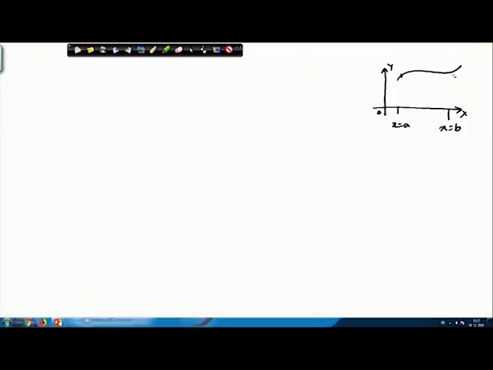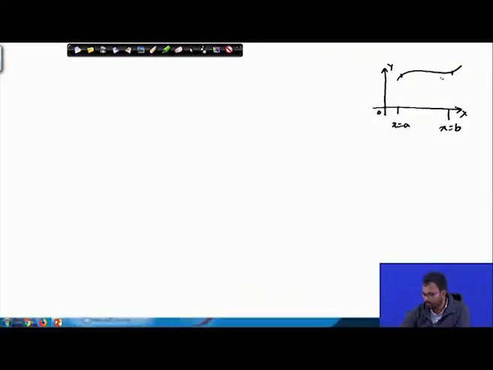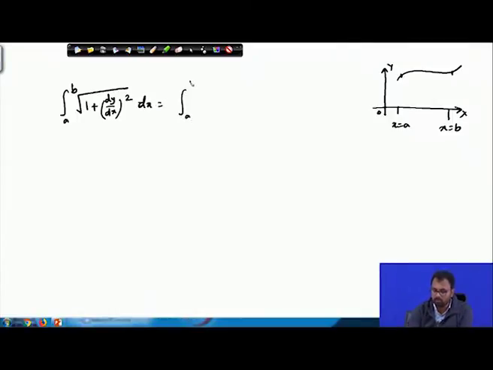We are calculating the length of this arc, and it can be given by the integral from a to b of the square root of 1 plus (dy/dx) whole squared dx, or we can also write the integral from a to b of the square root of 1 plus (f'(x)) whole squared dx.